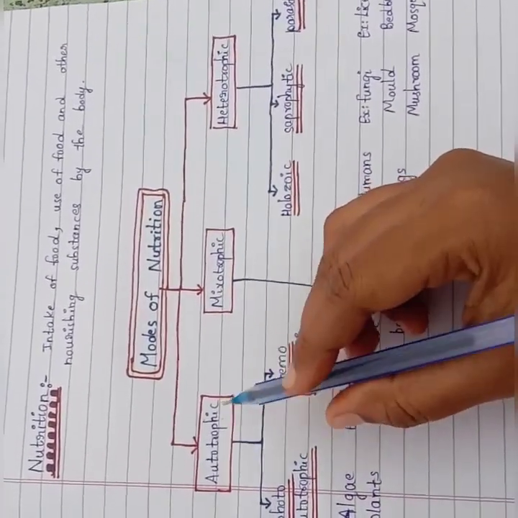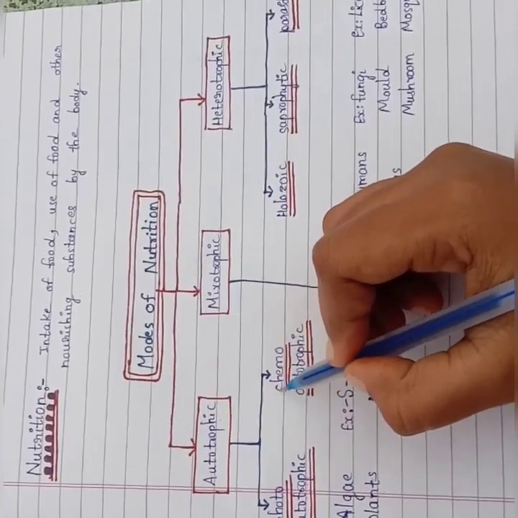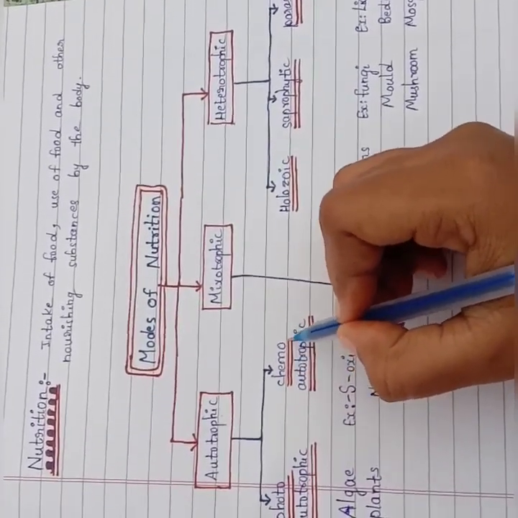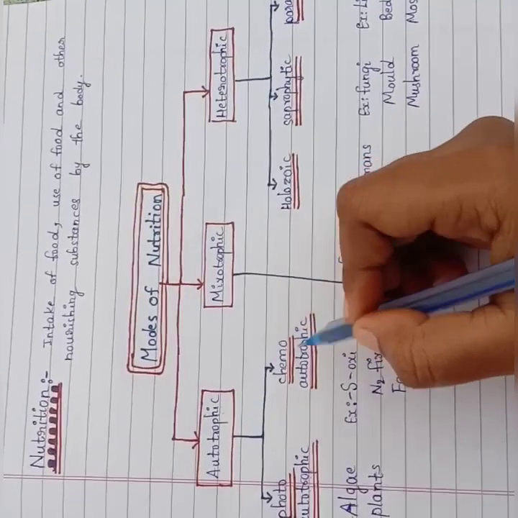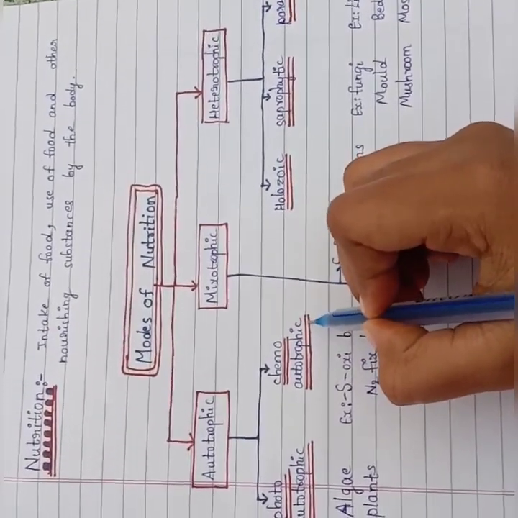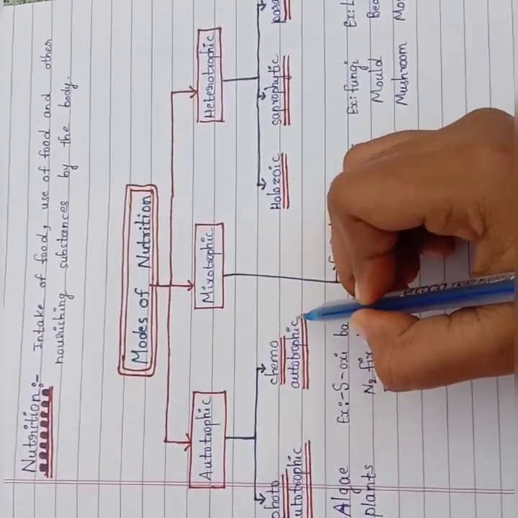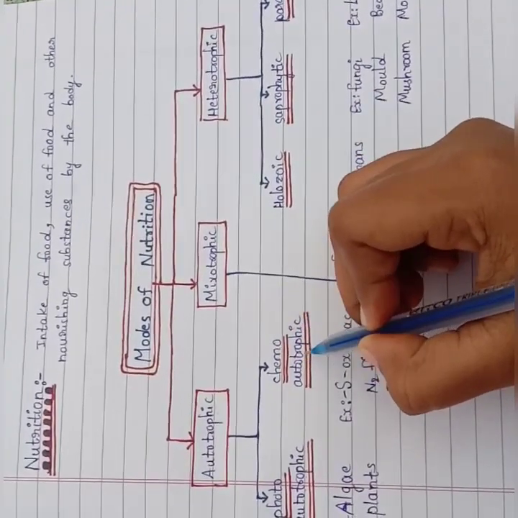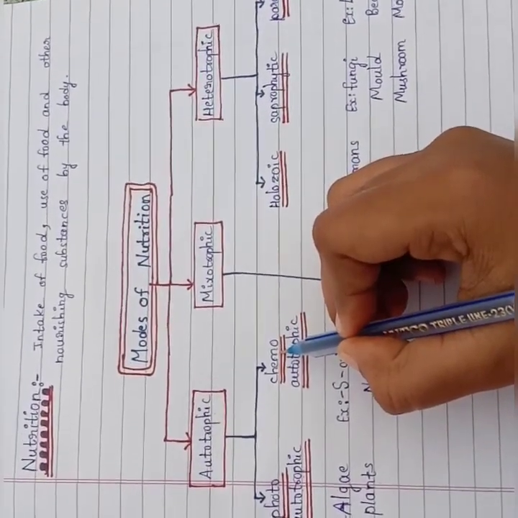The next one under autotrophic nutrition is chemoautotrophic nutrition. In this type of autotrophic nutrition, the organisms prepare their own food by using chemicals.